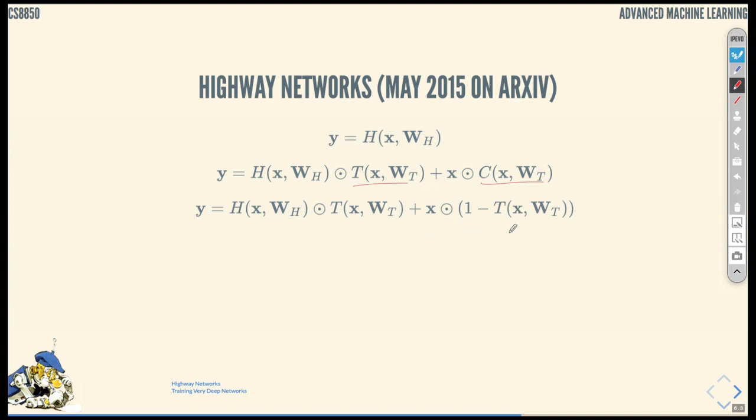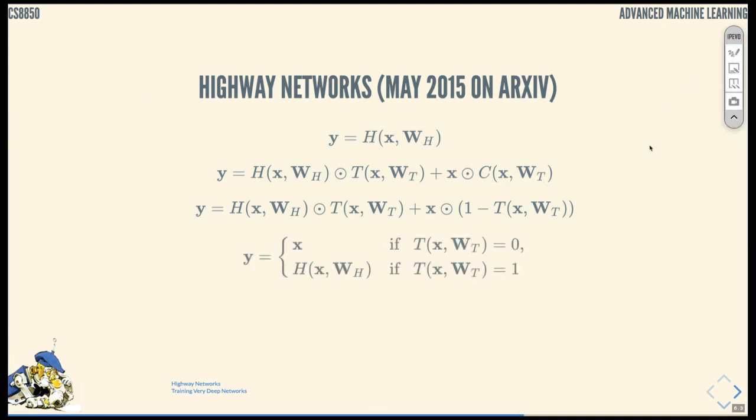As you can see here, when this gate is fully open, it's 1, the x doesn't come through, but only the transformed version comes through. When the gate is fully closed, it's 0, the transformation of x doesn't come to the next layer. Only x itself passes through that layer.